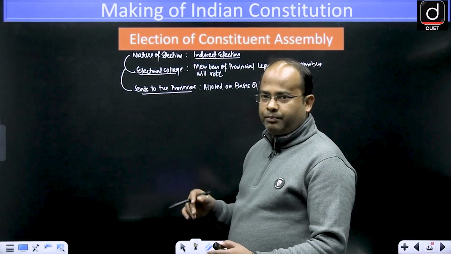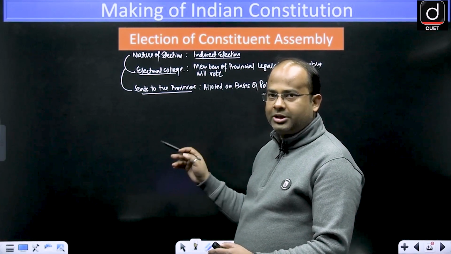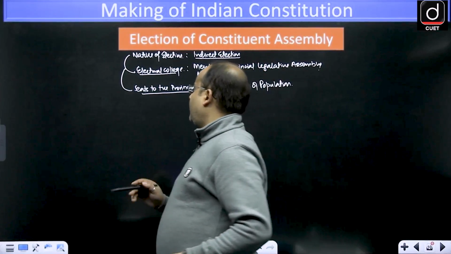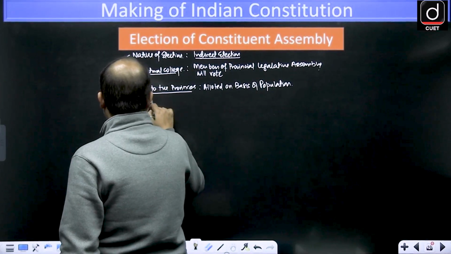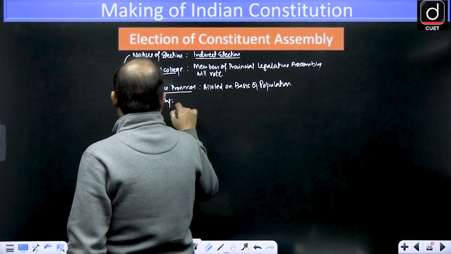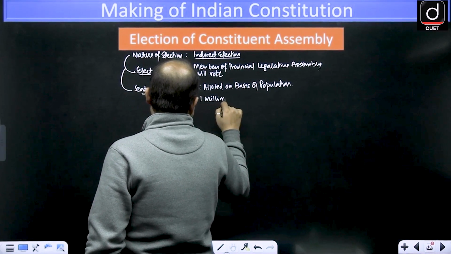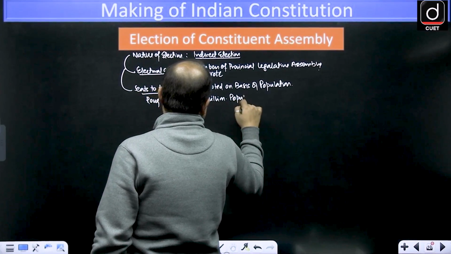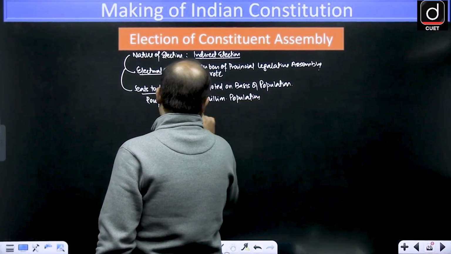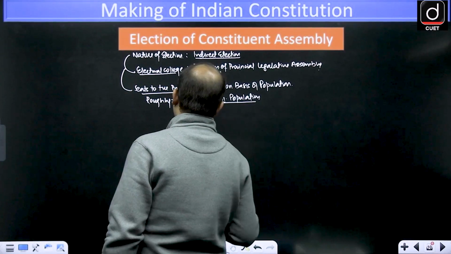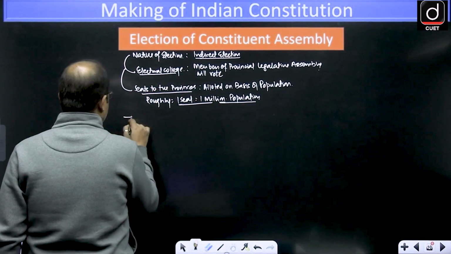Roughly, guys, one seat was allotted per 1 million population.